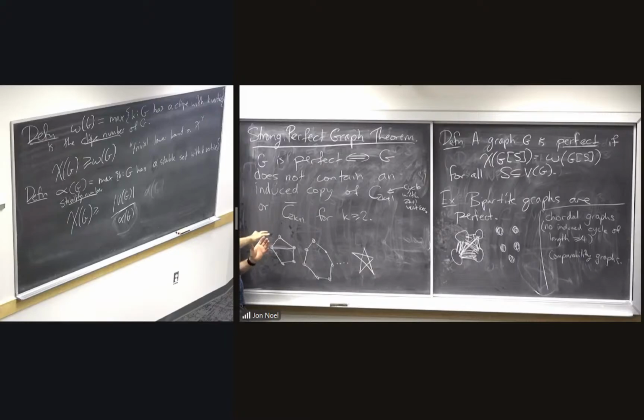So I'm only forbidding induced copies of it. You could have 5 cycles all over the place, but they'll have extra edges in them, like this, or like this. This is also okay, as long as it's not just inducing a 5 cycle.